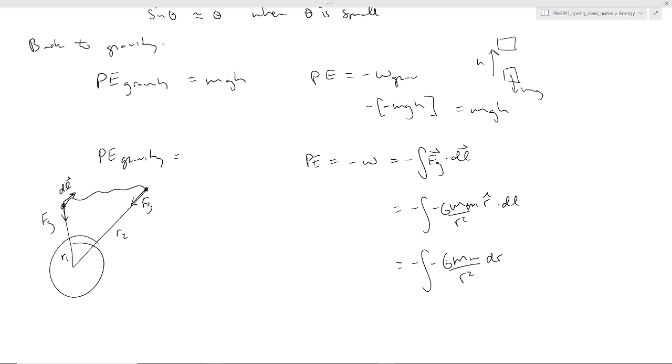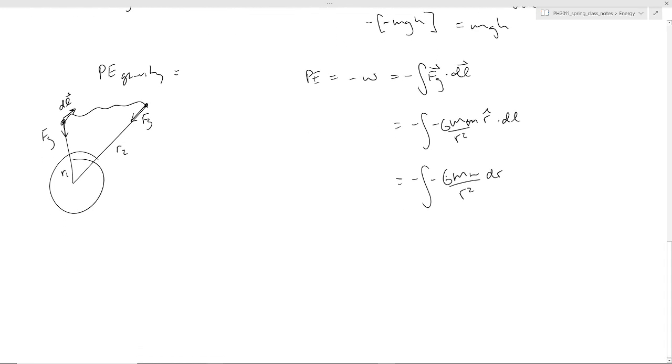And so we have an integral that's, if we pull out the constants, we have to integrate one over r squared.